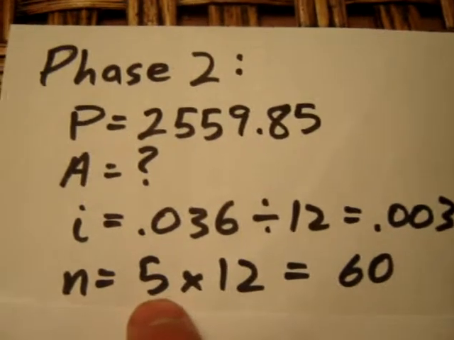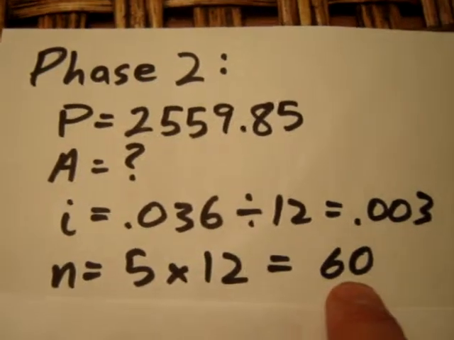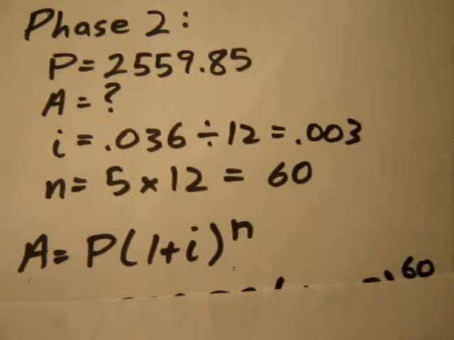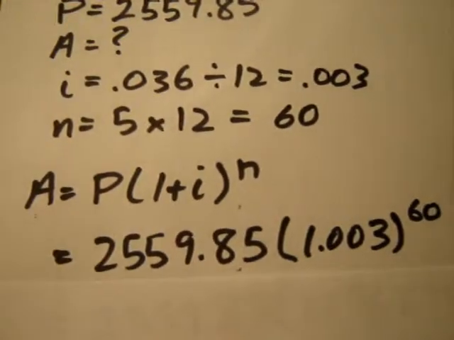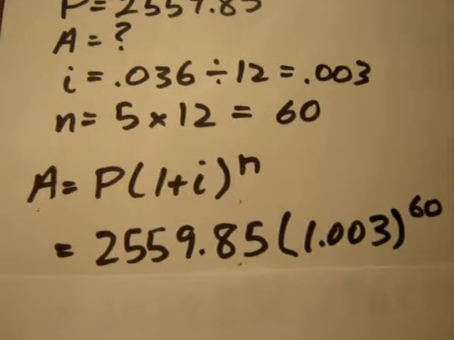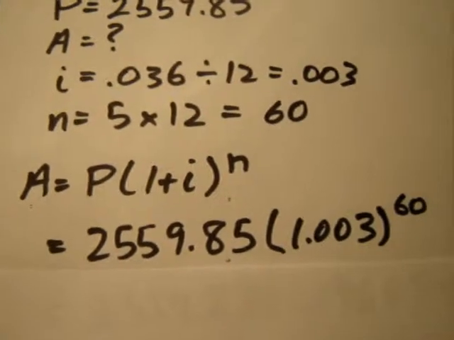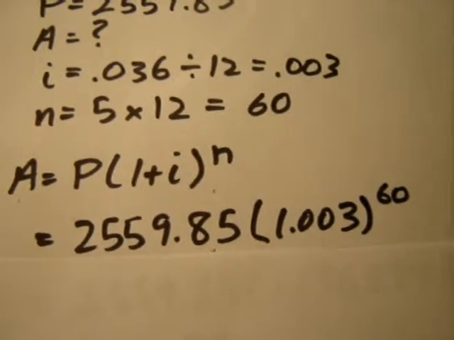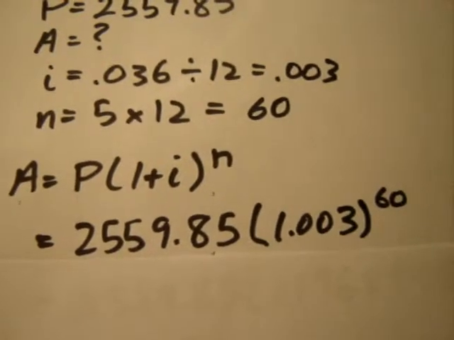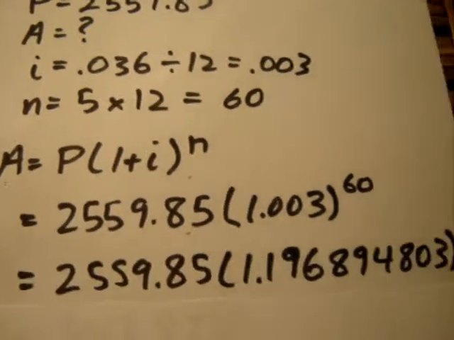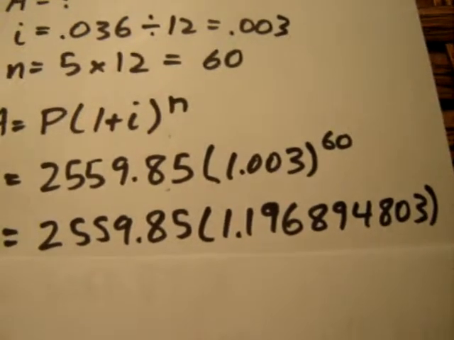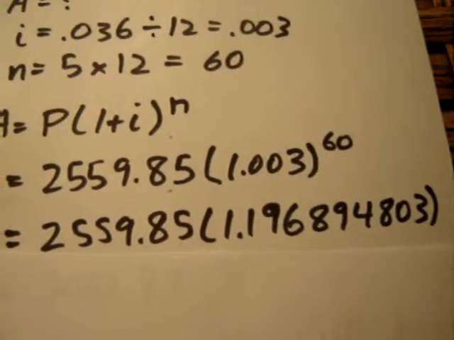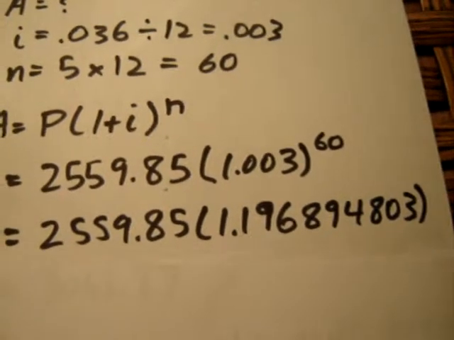This monthly compounding lasts for 5 years, so our little letter n will be 60. We plug these numbers into our formula, and we get that our final amount will be equal to $2,559.85 times 1.003 to the exponent 60. 1.003 to the exponent 60 is 1.196894803. We use a lot of decimal places because we want to be accurate to the penny.